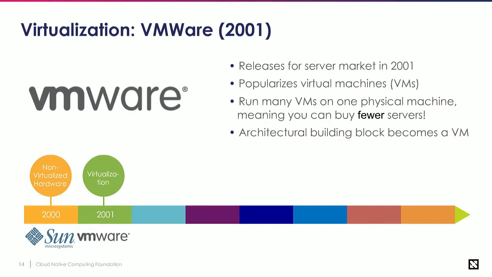You can put multiple VMs on the same physical machine, and now you can buy fewer servers. And so VMware became incredibly, insanely profitable. It hurt Sun. But for our purpose, the key idea is that the architectural building block went from being a physical server to a VM, that the designer started thinking in terms of VMs.